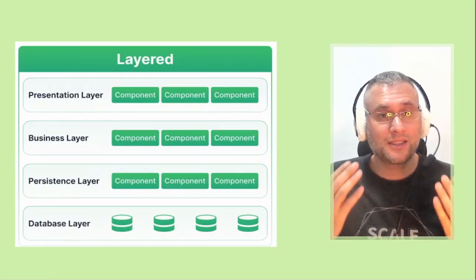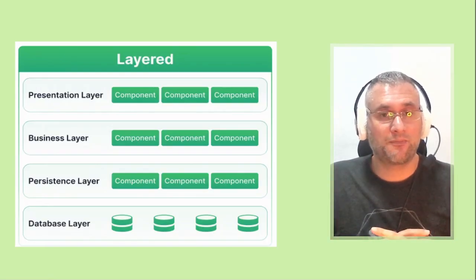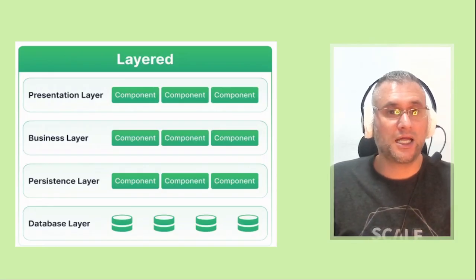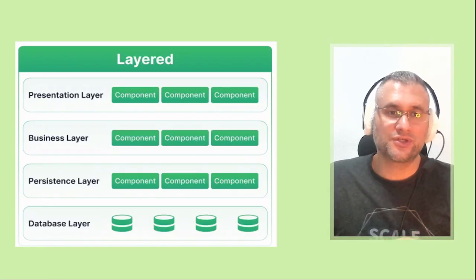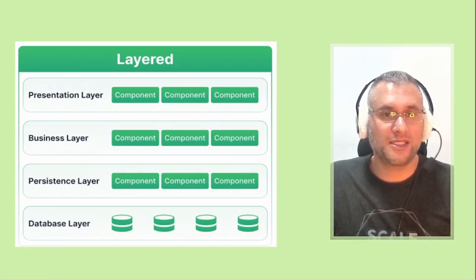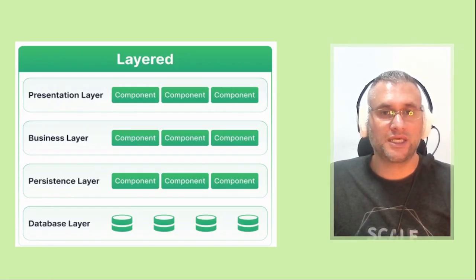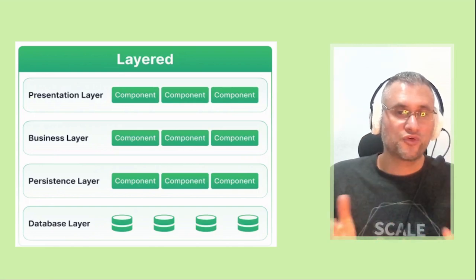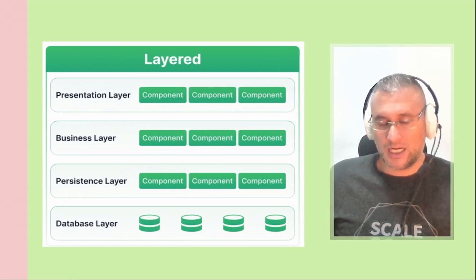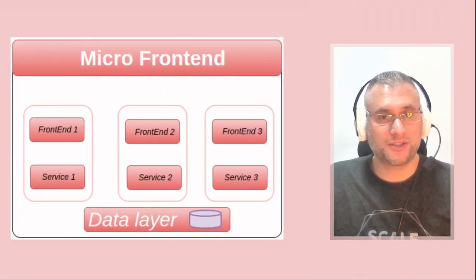You can maintain this pattern in an easy and efficient way. But in the future, if you have many layers, it could be difficult for the maintainability and for the speed of your system. Let's move to another architecture pattern.